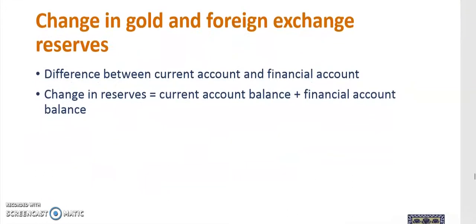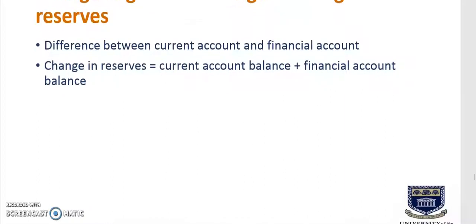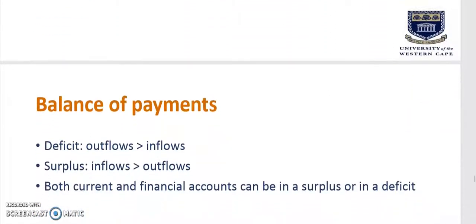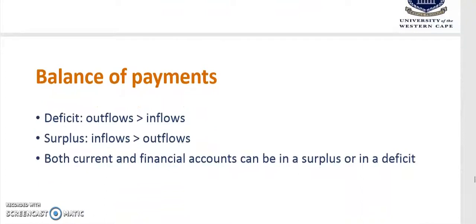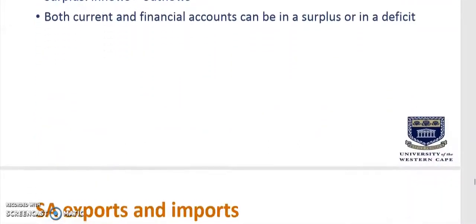The change in reserves is equivalent to the current account balance plus the financial account balance. In the balance of payments, a deficit occurs when outflows are greater than inflows, and a surplus occurs when inflows are greater than outflows. Both the current and financial accounts can be in surplus or in deficit.